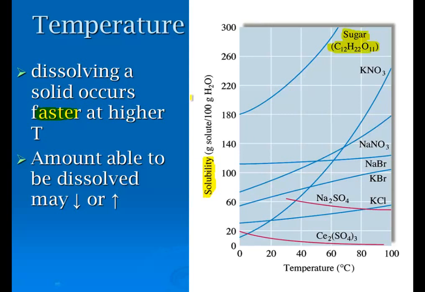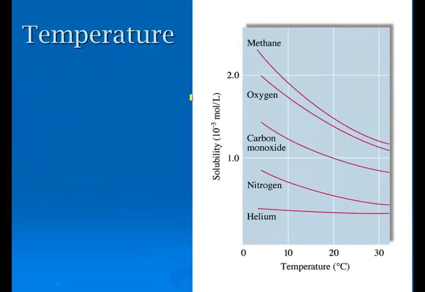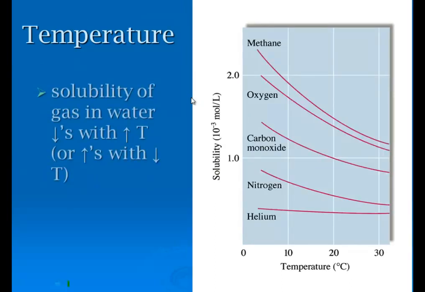A lot of them go up, like potassium nitrate still goes up, sodium nitrate still goes up. But there are a few of them, these red ones right here, where if you increase the temperature, the solubility actually goes down. It all has to do with the energy related to it, but we can increase the speed by heating it up, but we don't necessarily increase the amount dissolved. I kind of lied to you a little bit about that in the past.